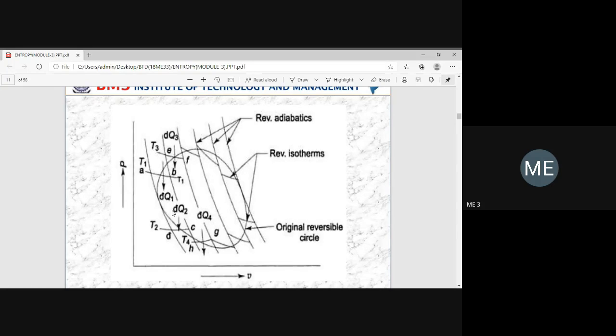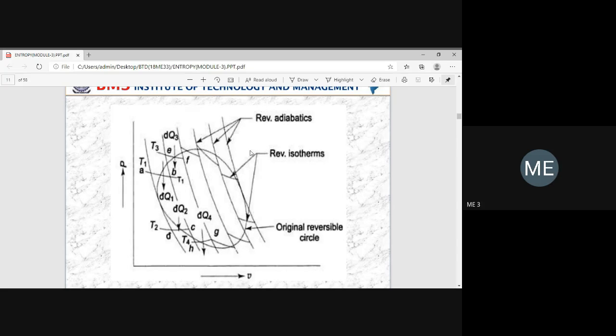And then CD is our reversible isothermal compression process, and DA is the reversible adiabatic compression process. Like that we have. So whenever you divide the original cycle into a number of Carnot cycles, all the cycles represent Carnot cycles.